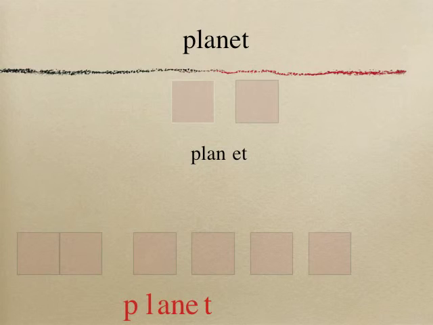Planet. Okay, now, if you look at this, this is a big break from what we've been having. We have two vowels, but only one consonant. Now, you can split this in a lot of different ways.